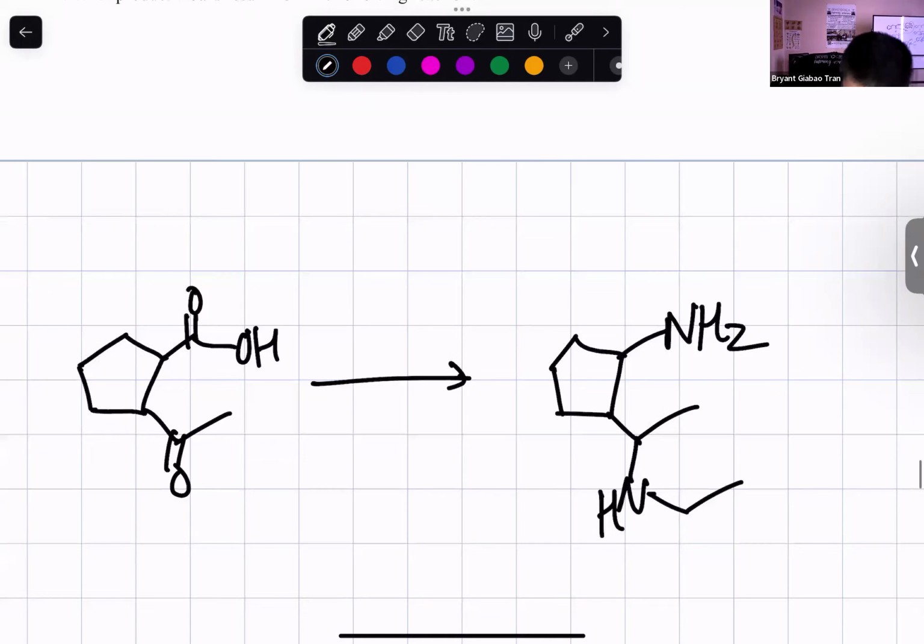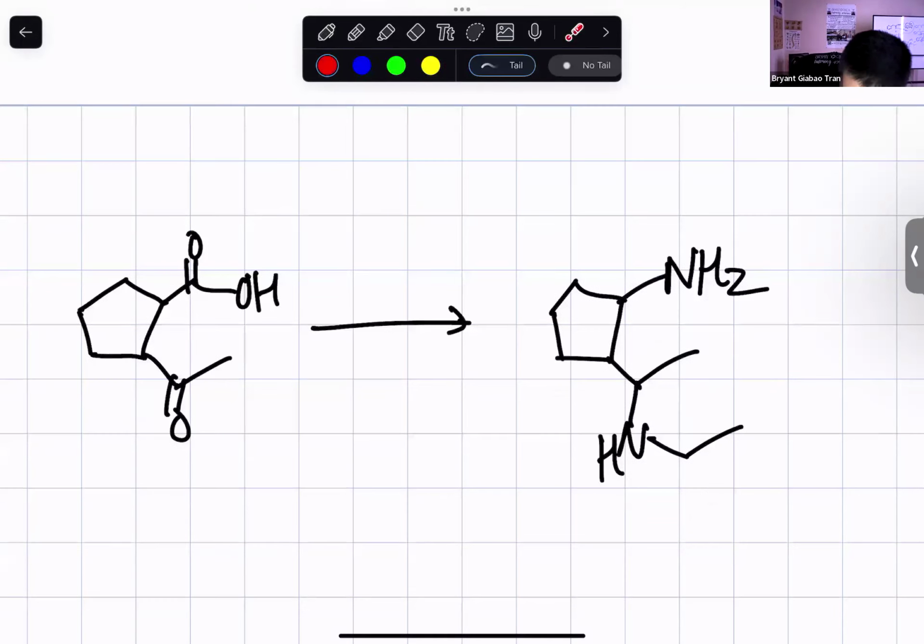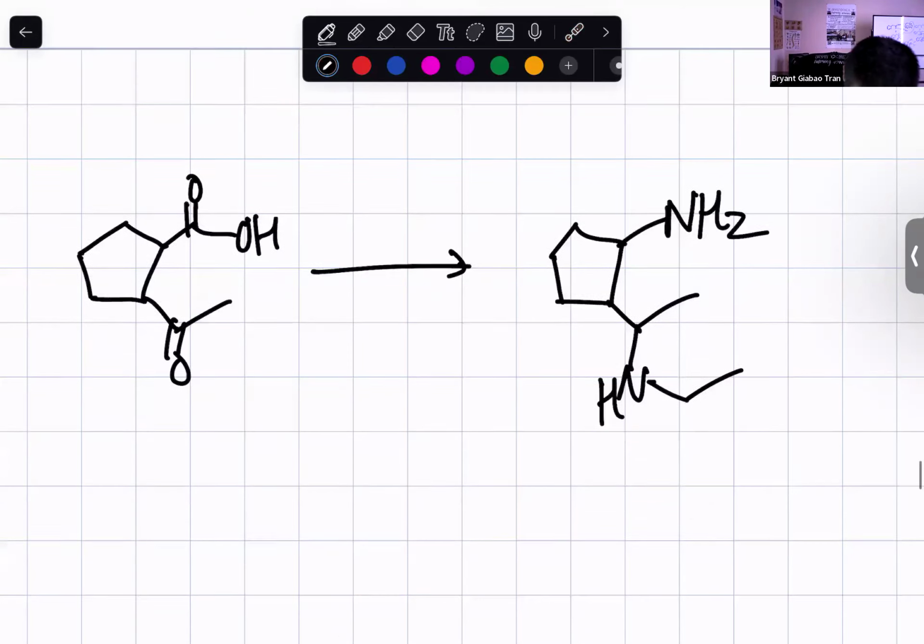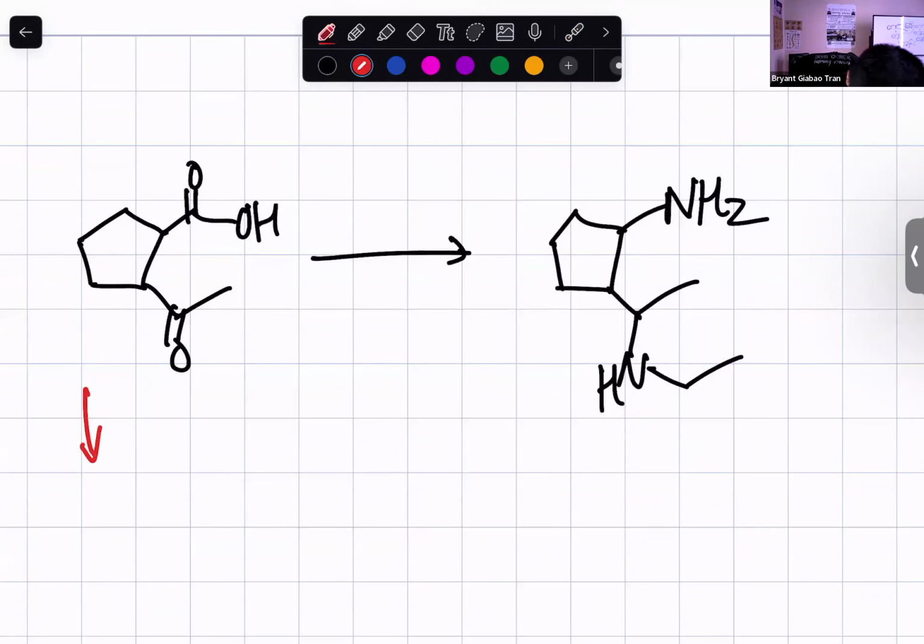Right? And someone asked why can't we do reduction of nitrile to get this right here? And the reason why we can't do that is because let's say we had that nitrile here, right?